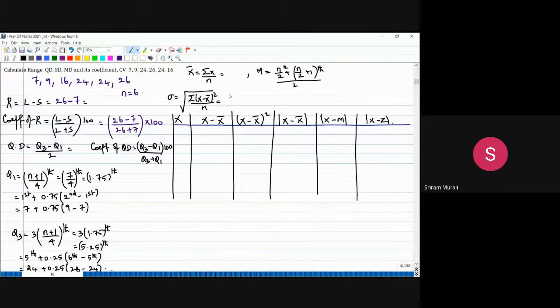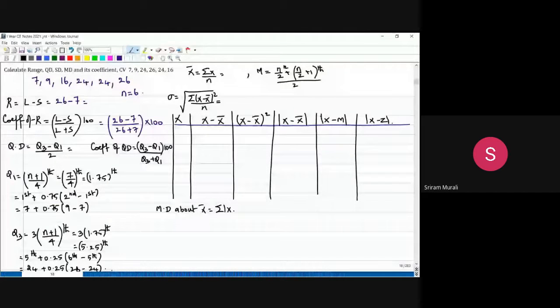Now onwards we have to concentrate on mean deviation about mean, mean deviation about median, mean deviation about mode. What is the formula for mean deviation about mean? It is sigma x minus x bar by n. What is the coefficient of mean deviation about mean, median, mode?